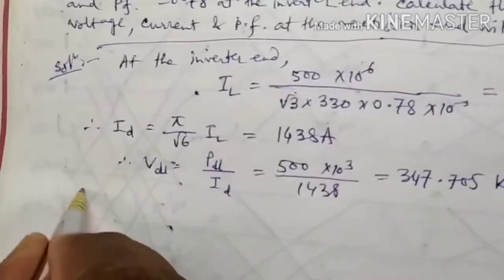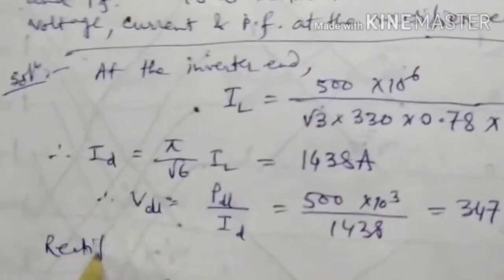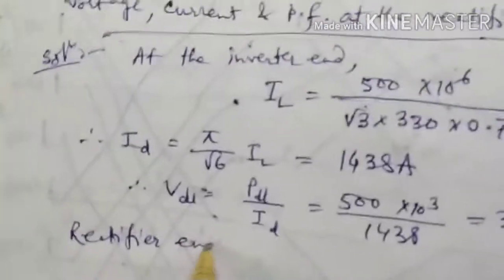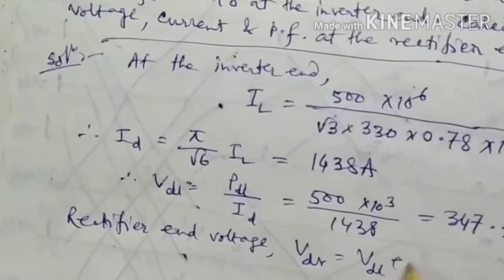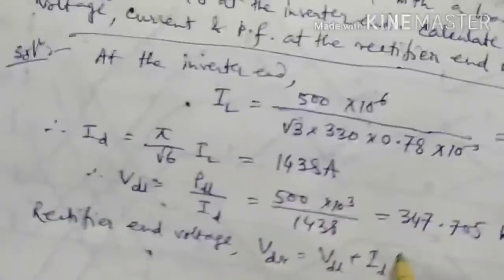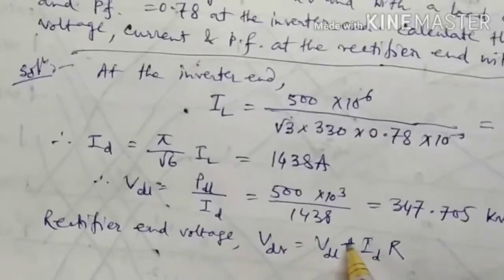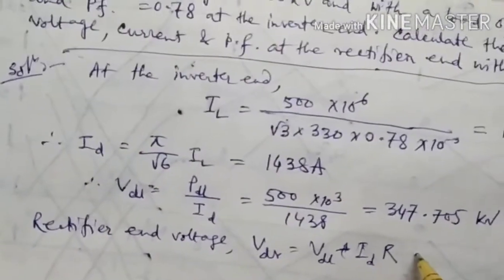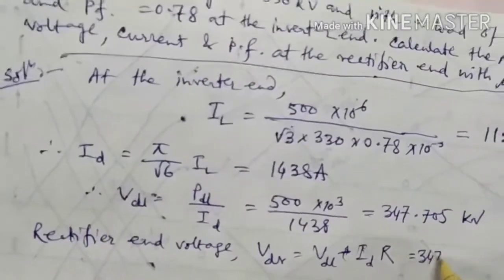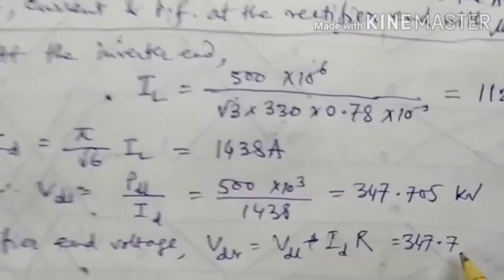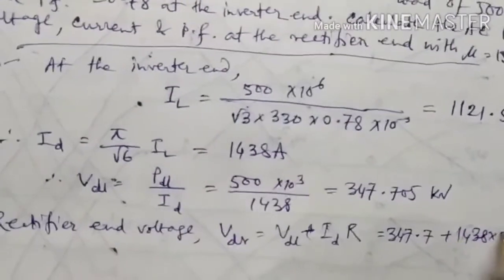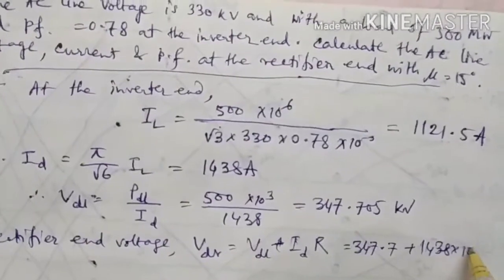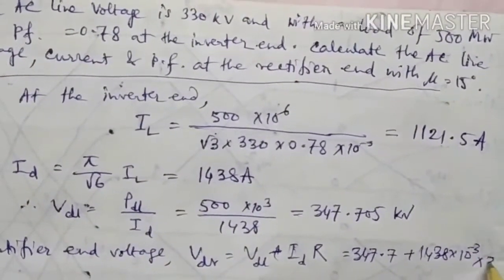So the rectifier end voltage, that is VDR, will be VDL plus ID into R. So that will be equal to 347.7 plus 1438 into 10 to the power minus 3 into 3.